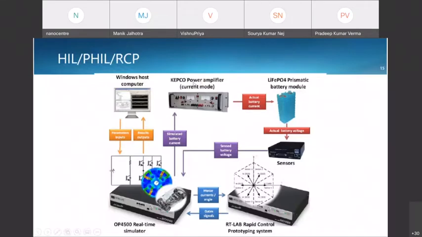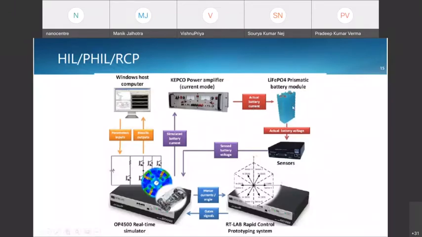What this power amplifier will do is magnify the current, whether it is current or voltage. It will amplify the signal which it is receiving on its input side, and at its output we will have an actual battery current which has a higher magnitude. This magnitude will charge the battery.